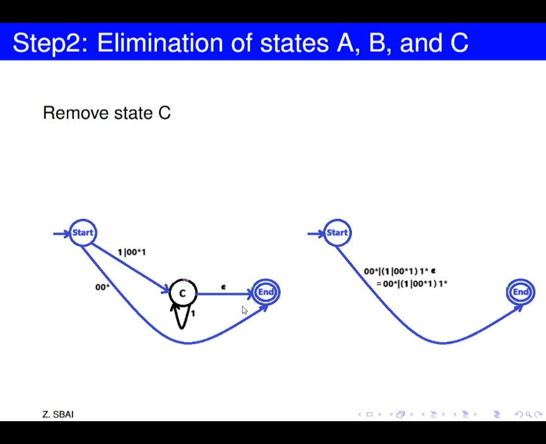Now we have to remove the state C and all the arcs related to it.